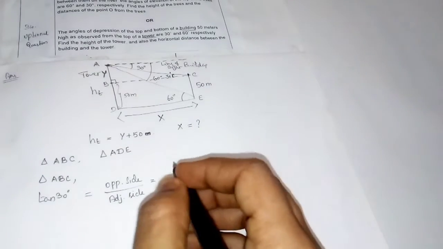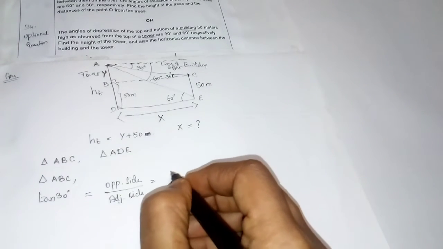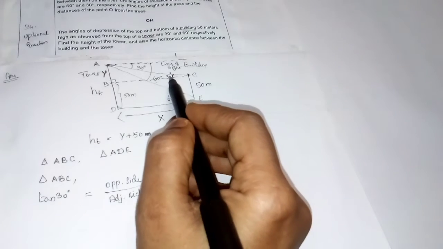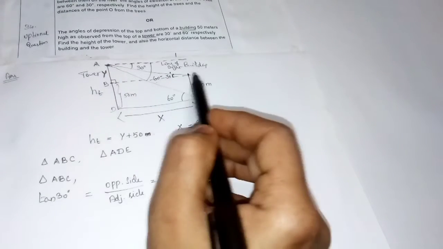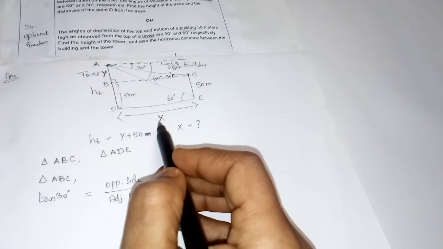For tan 30, the opposite side is y and the adjacent side is BC, which is equal to x.